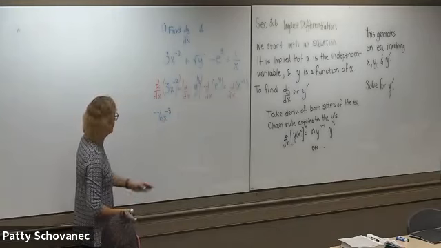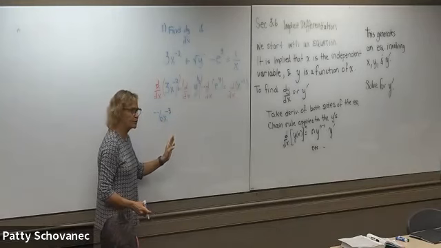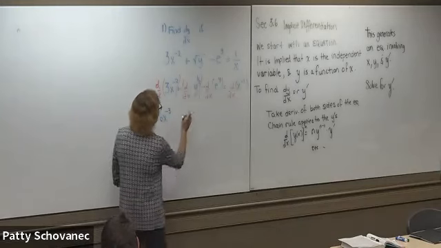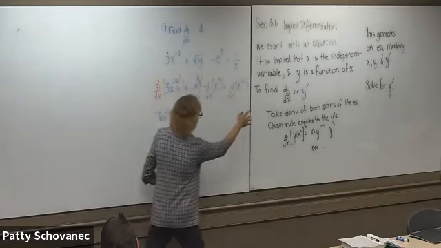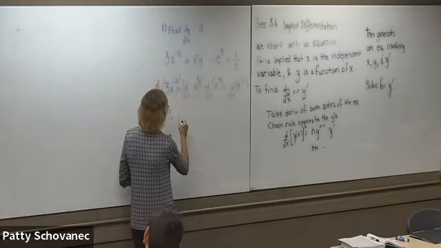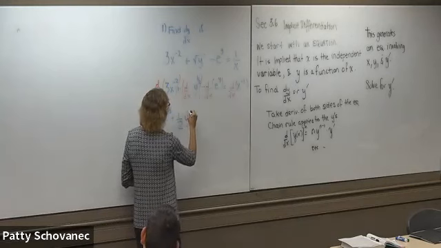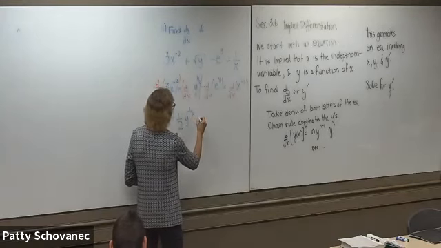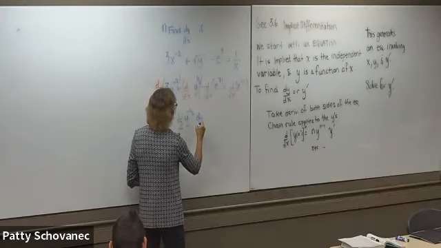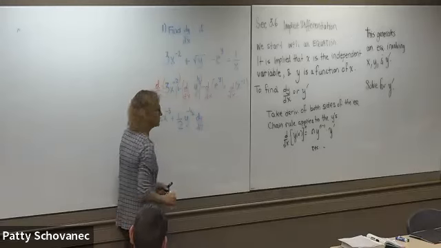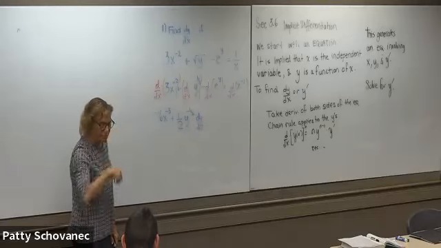x is the independent variable, so I don't have any chain rule. But over here, y is a function. So like I said, I bring the power down, raise that to one power less, and then I multiply by the derivative of what's inside, whether I use the dy/dx or the y prime notation.